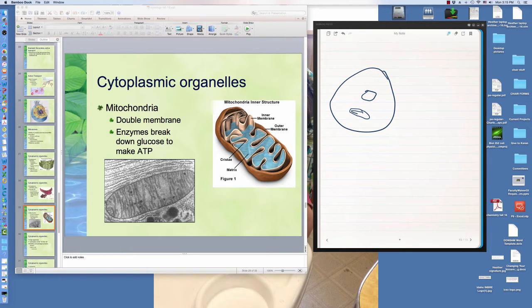They're in the cytoplasm. They also have two membranes, what's referred to as an inner membrane and an outer membrane. And inside of this mitochondria are enzymes whose job it is to take glucose, once you get it into the cell, remember with the help of that insulin, and convert that glucose into ATP.